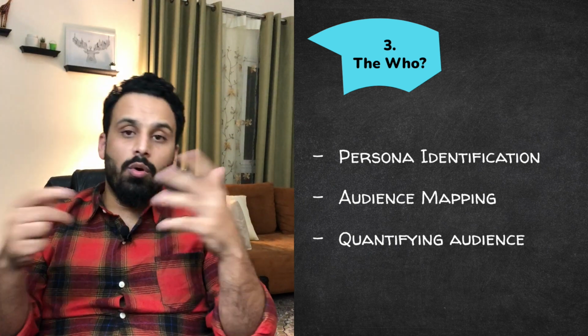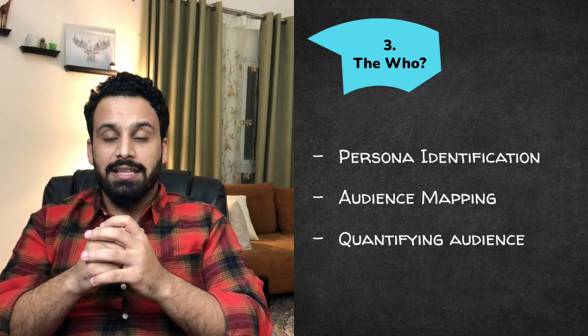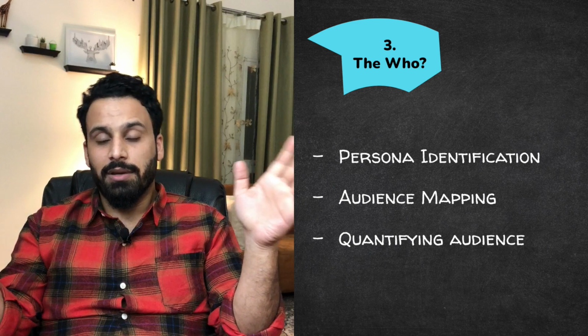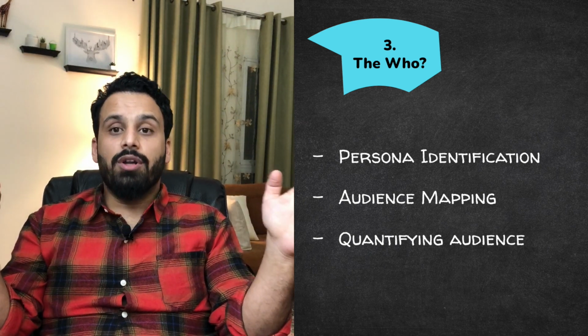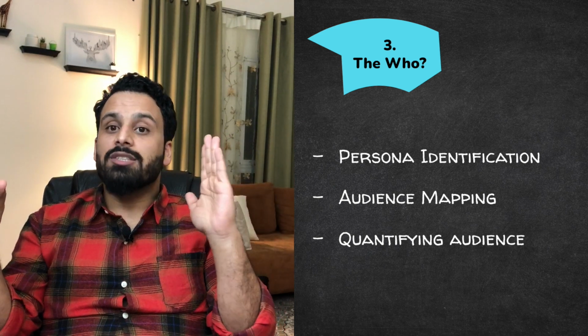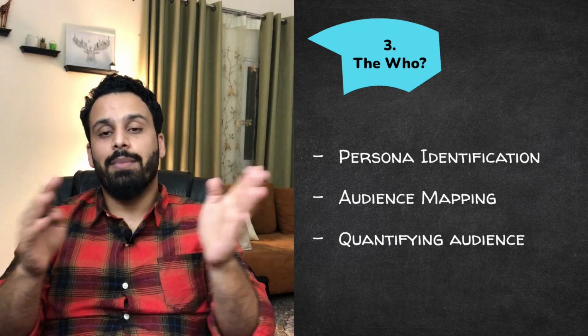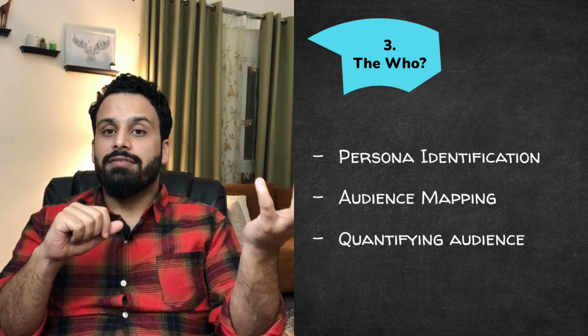Okay, you know what kind of people come to your clinic, who can be your prospect clients. You need to map them on Google. You need to understand what they search on Google, what their interests are on Facebook, what their interests are on YouTube, so that you can target them based on these interests on each of these channels. And then you need to quantify the audience.